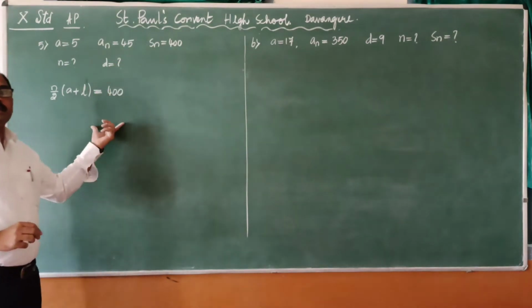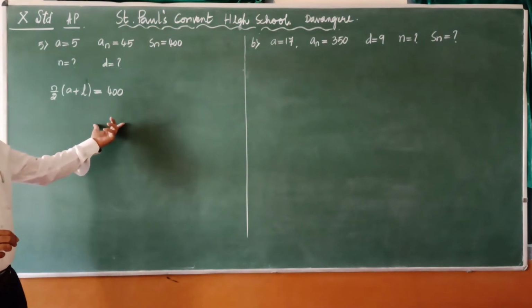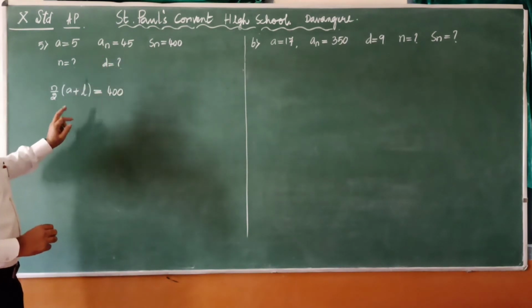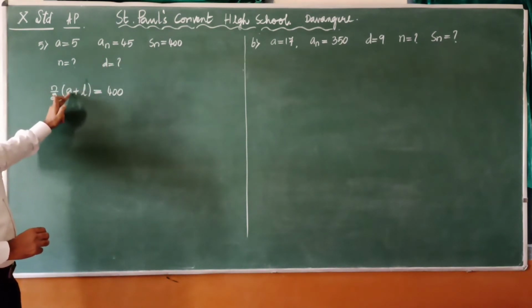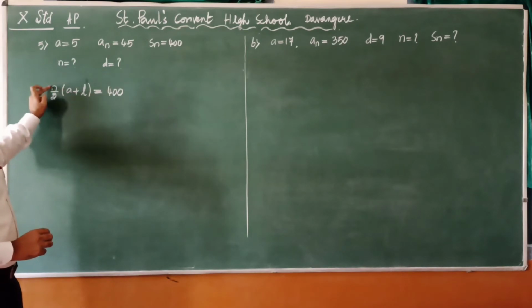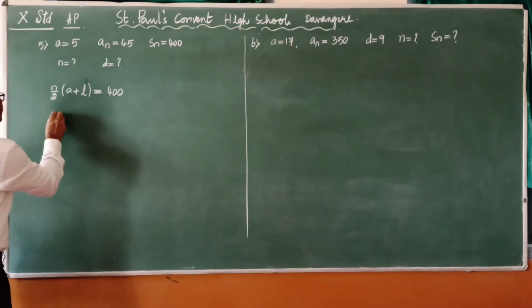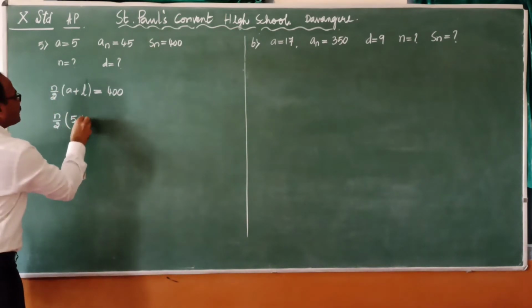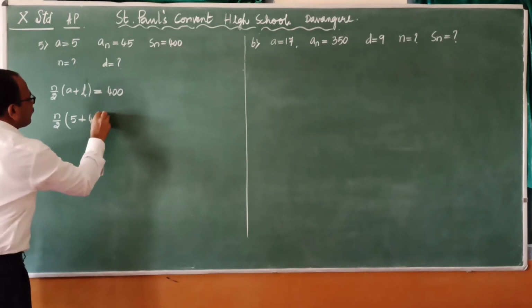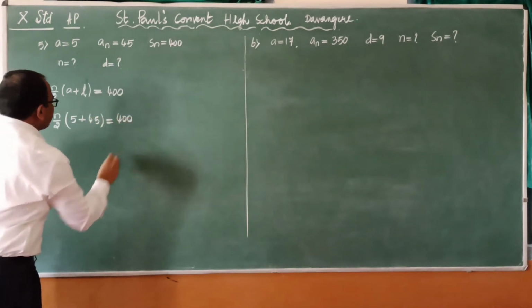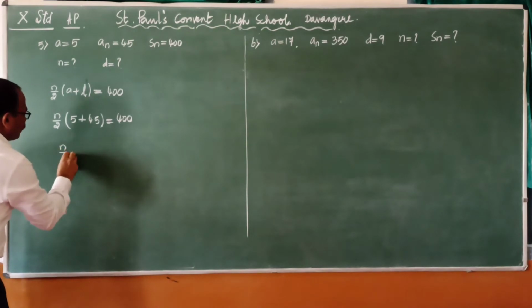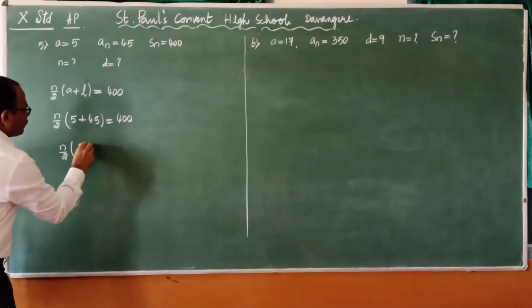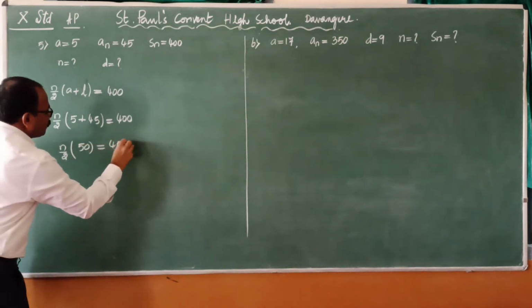I have taken the second formula where the last term is given. In this, the only unknown term is n, children. A is given, n we do not know. Therefore, let me write n by 2 into a is 5 plus l is 45 will be equal to 400. Now, n by 2 into this becomes 50, will be equal to 400.